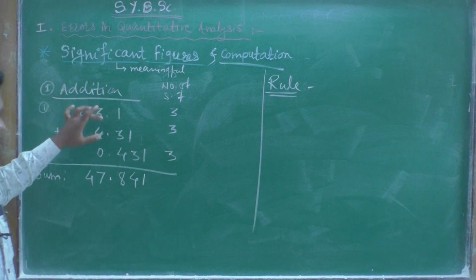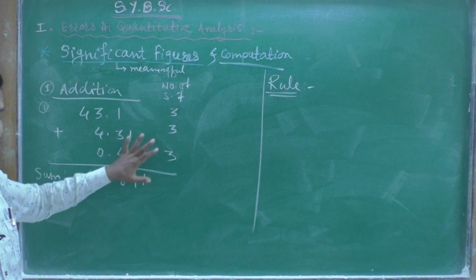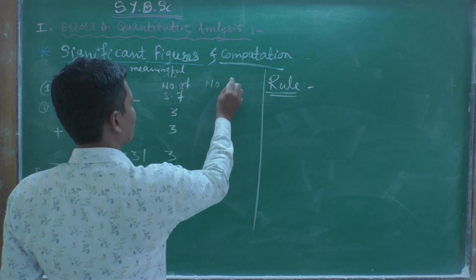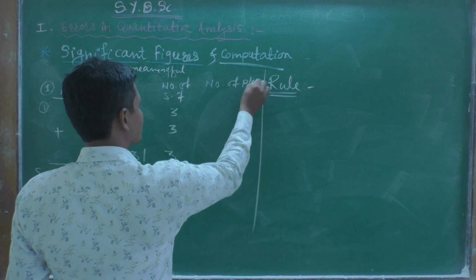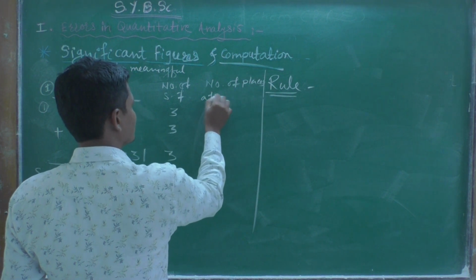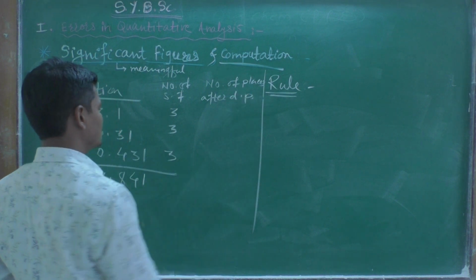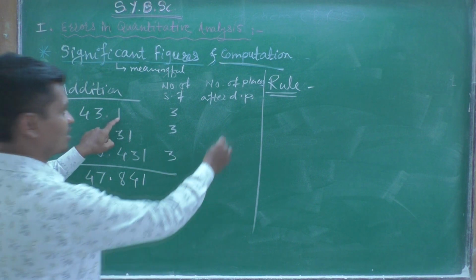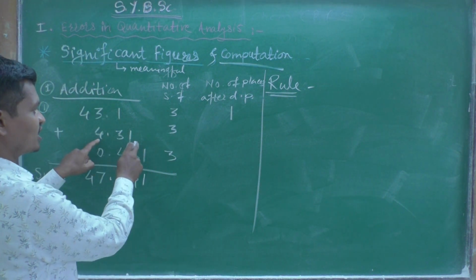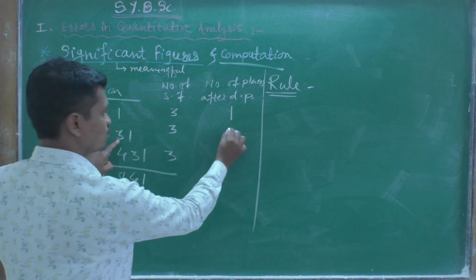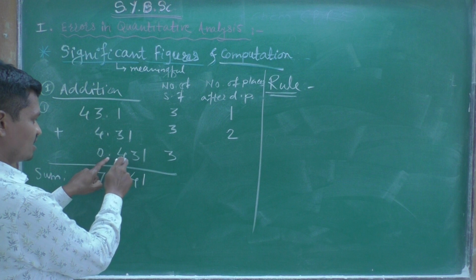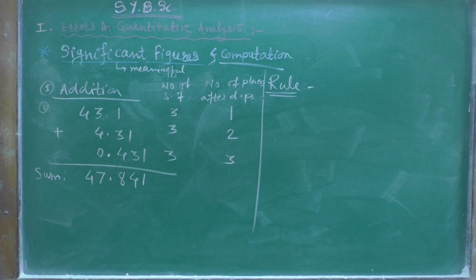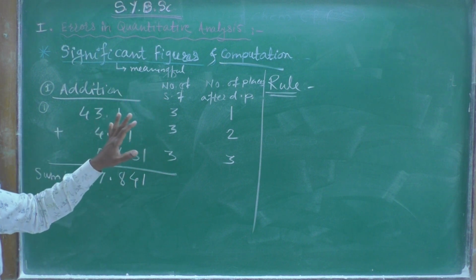So in all these three numbers, the number of significant figures is 3. Now the number of places after the decimal point. This is the decimal point, and how many places after it? Here only 1. In 4.31, how many places after the decimal point? 2. And in this case, the number of places after the decimal point is 3: 1, 2, 3. Okay, so focus here.